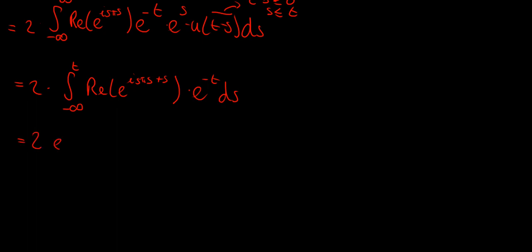So we get 2 times e to the power minus t multiplied with the integral from minus infinity to t of the real part of e to the power of s, open a bracket, 5 pi i plus 1, multiplied with ds, like this. And then we're going to integrate.